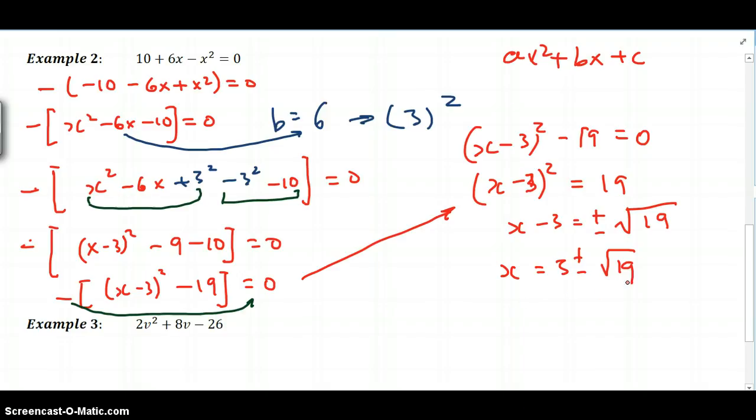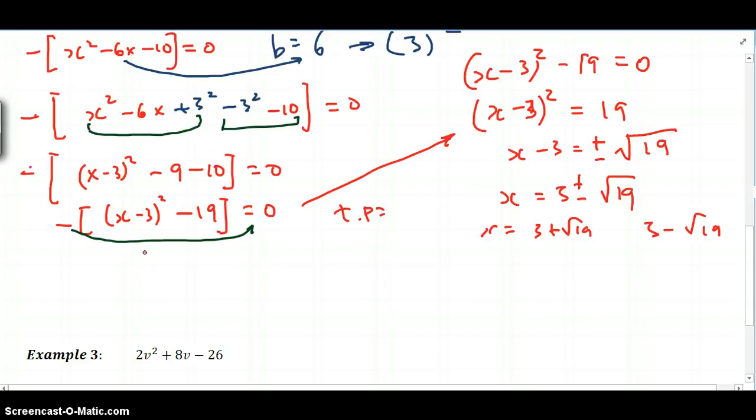So your two intercepts will be x equals 3 plus root 19 and 3 minus root 19. And your turning point, if we refer back to this particular example, if we want to find out the turning point, this goes to minus (x minus 3) squared plus 19.